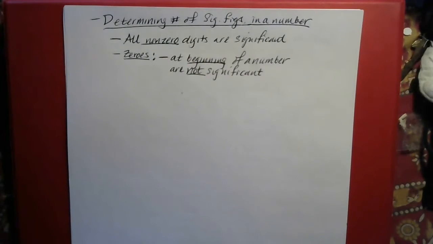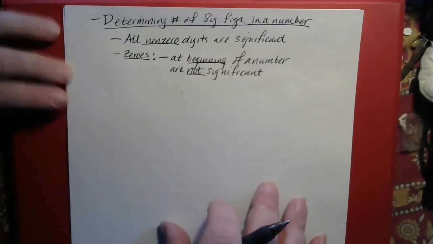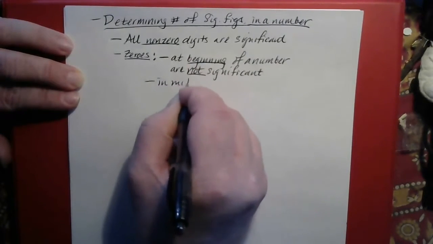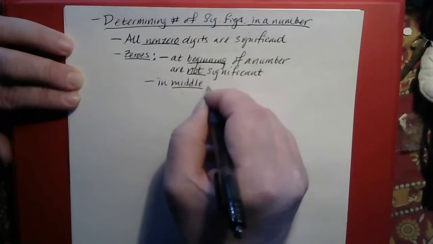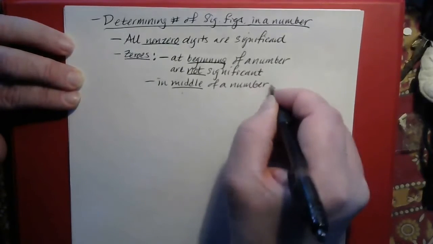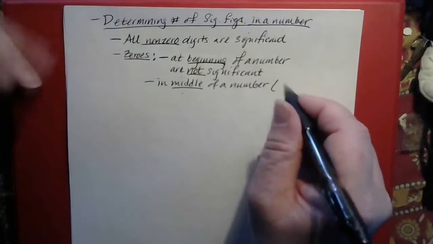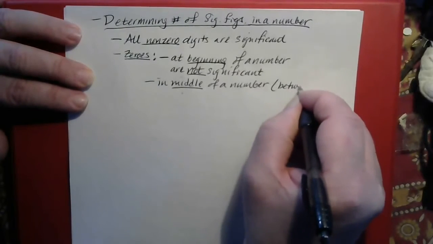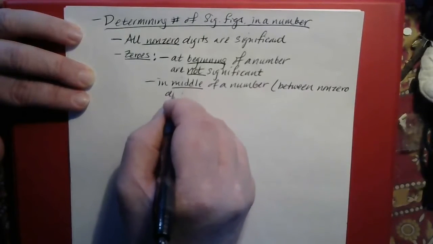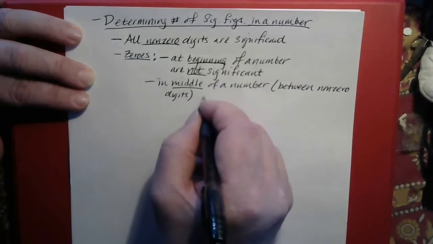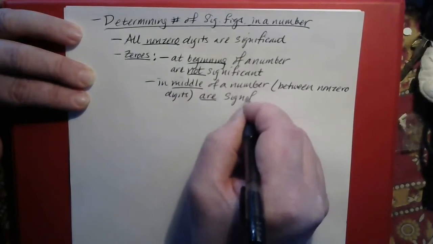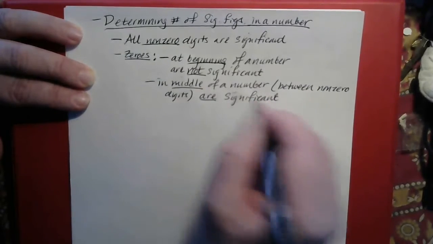They don't actually mean anything in terms of the measurement. In the middle of a number, in other words, between numbers that are not zeros, those are significant.